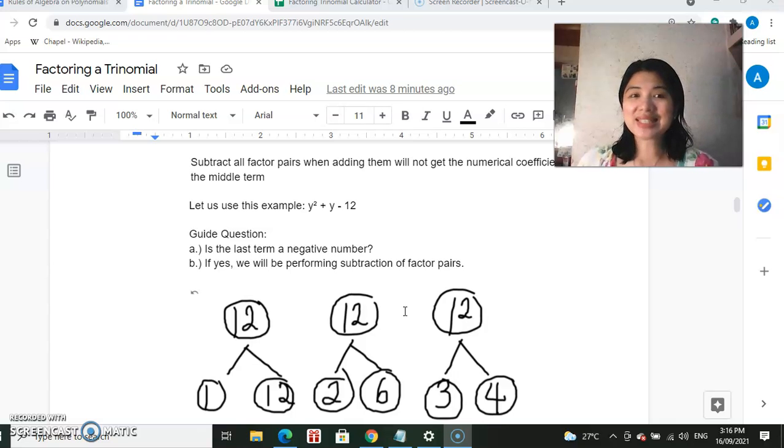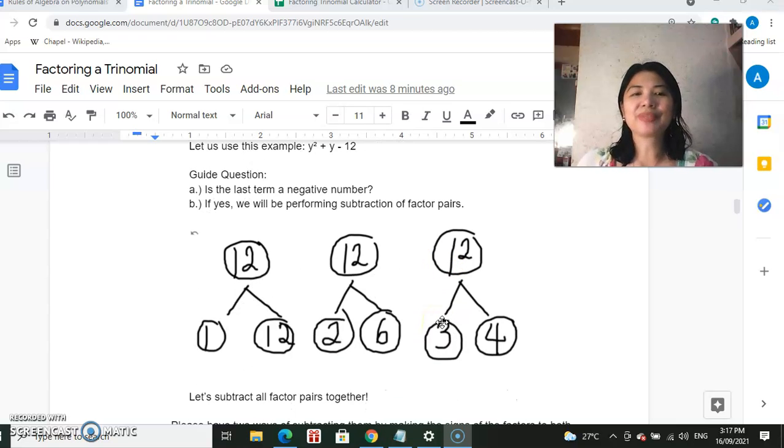If yes, then we'll be subtracting factor pairs, because a negative last term would mean that the second terms of the binomial factors do not have the same sign. So the products of the outer and inner pairs will be subtracted. That's why we have this option, subtraction of factor pairs.